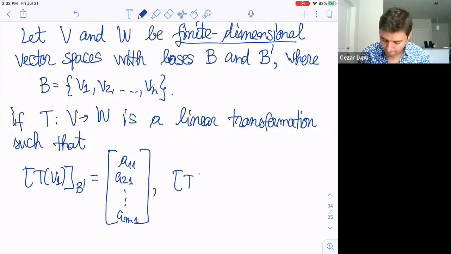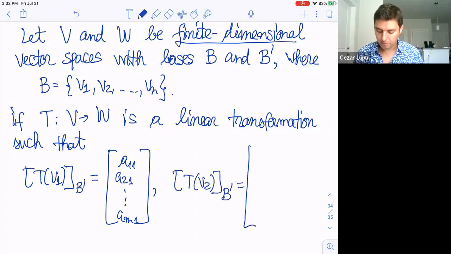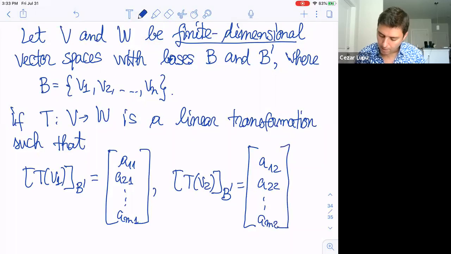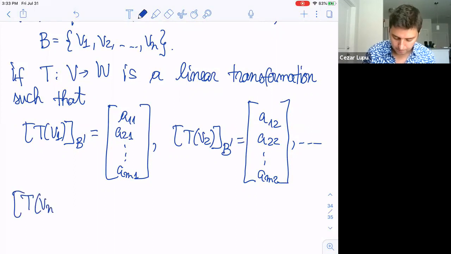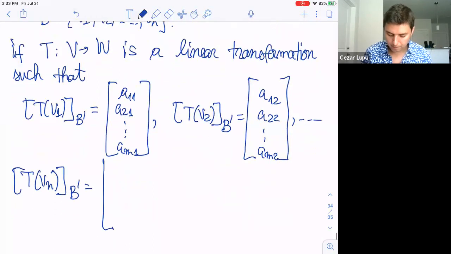T of V2 relative to B prime is A12, A22, AM2, and we're going all the way to T of Vn, which will be A1n, A2n, AMn.